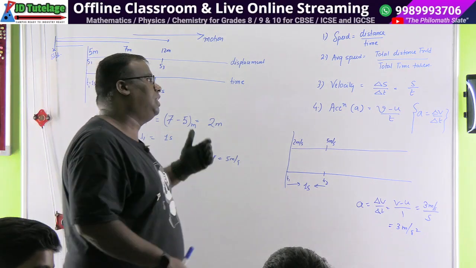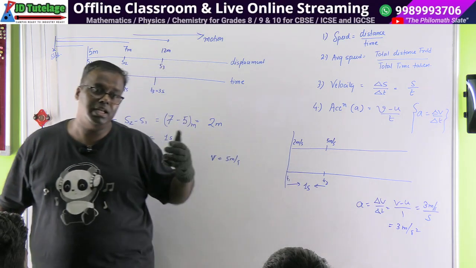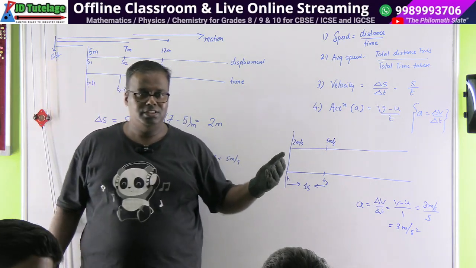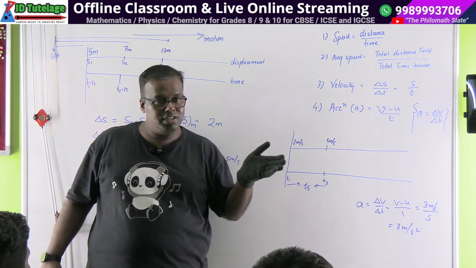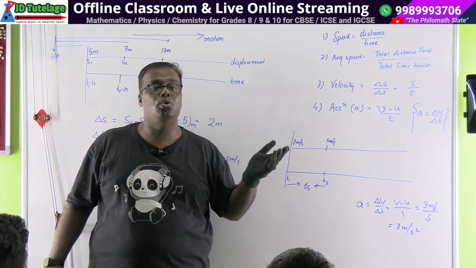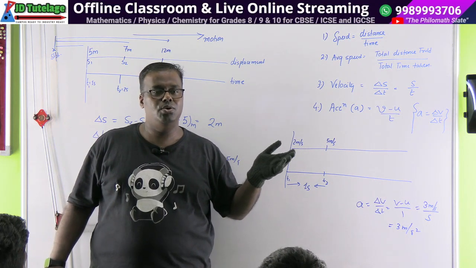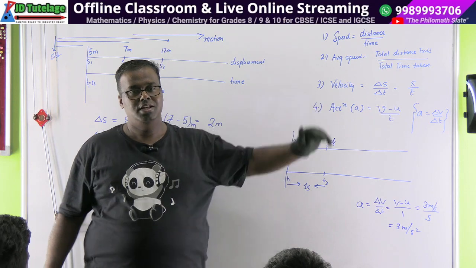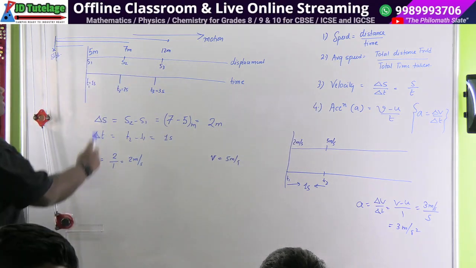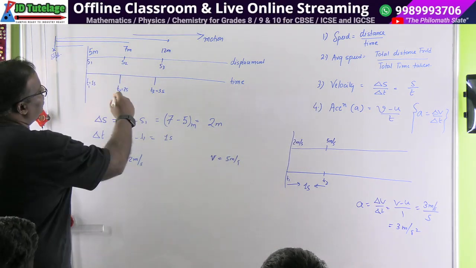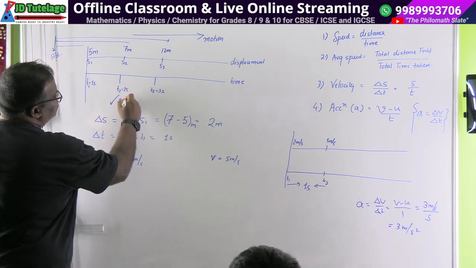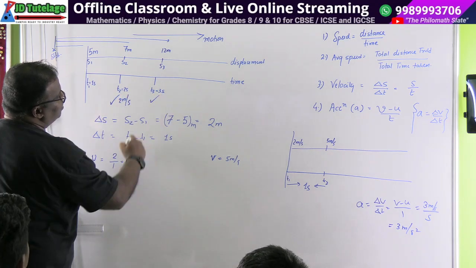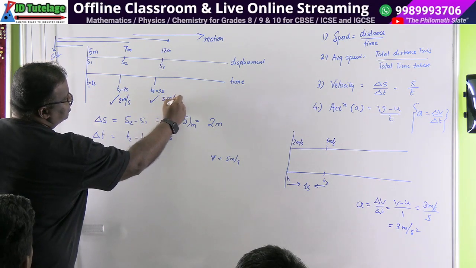Arav scored 10 marks in the first term. In the next term also he is scoring 10. Did you increase? Did you decrease? What is your growth? 0. What is your decline? 0. You are performing steadily. If there was no acceleration, then how much would we have found the velocity at this place? 2 meters per second. But we found the velocity here as 5 meters per second.